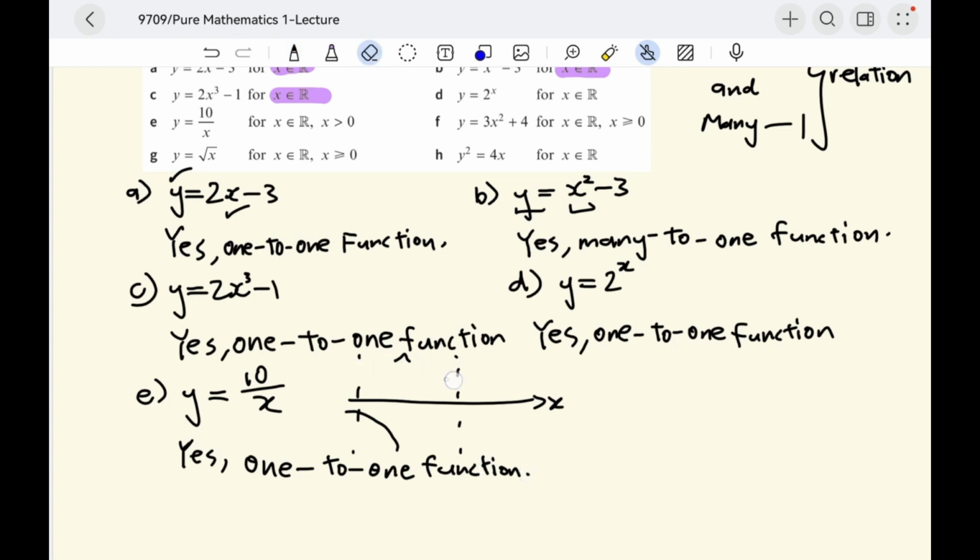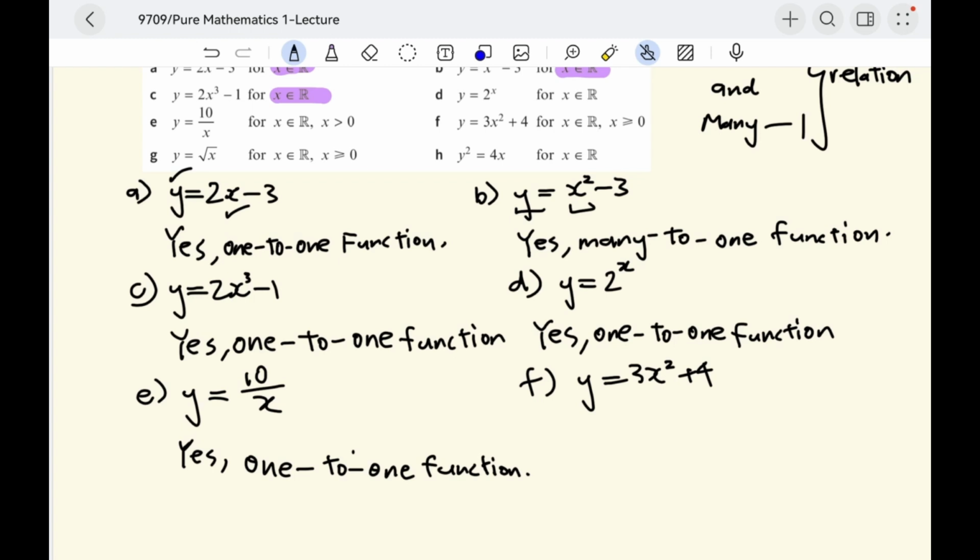Okay, let's move on to F. Let me erase it away. F is still a quadratic function. Y equals 3x squared plus 4 for x all real numbers and x is greater than or equal to 0.